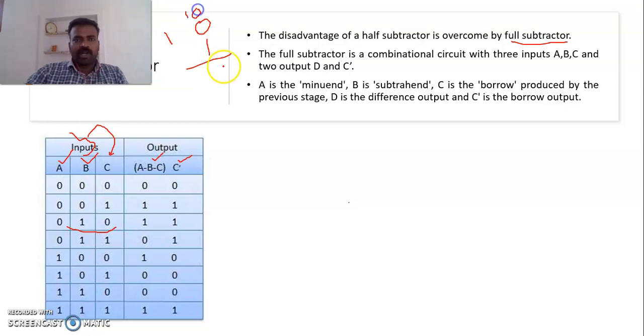Now 1 0 minus 1, the value is 1 and the borrow is 1. So the result is 1, and what is C value? Sorry, C value is 0. So 1 minus 0, the difference is 1. So this borrow will come here. Borrow is 1, difference is 1. So for the 0 1 0 combination, difference is 1, borrow is 1.